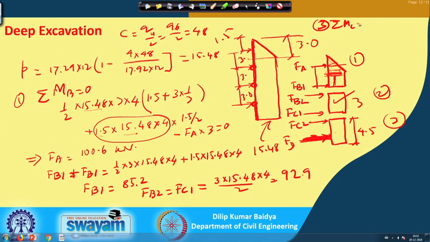sigma M C equal to 0, that means if I take moment with respect to this, this is D actually. So, it will give you F D multiplied by 3 minus 4.5, this length is actually 4.5.